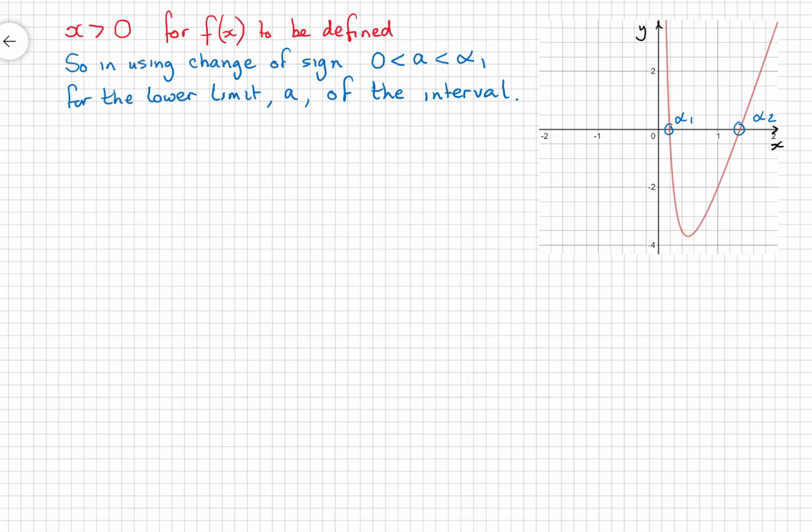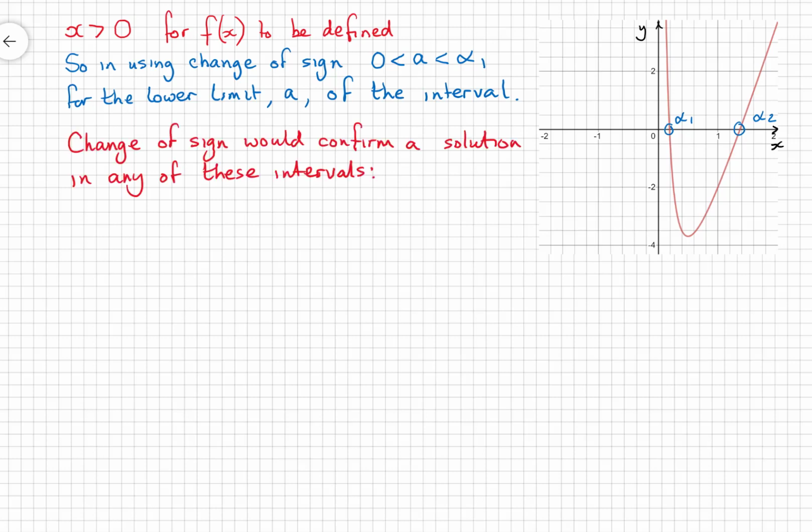Our question had 3 possible starting values, and it would be true to say that the change of sign method would confirm that there is a solution that exists in any of these intervals, either from a, as discussed, up to 0.4, or from a to 0.5, or a to 0.6.